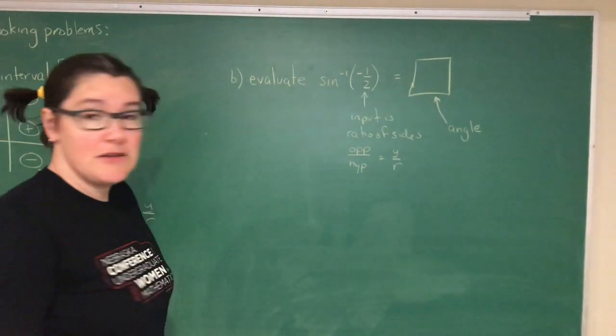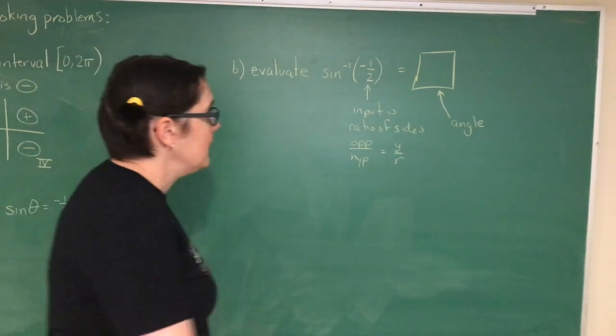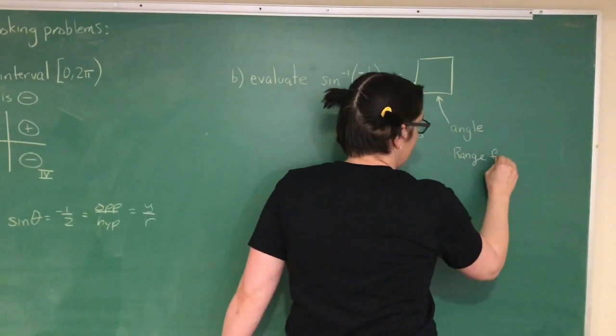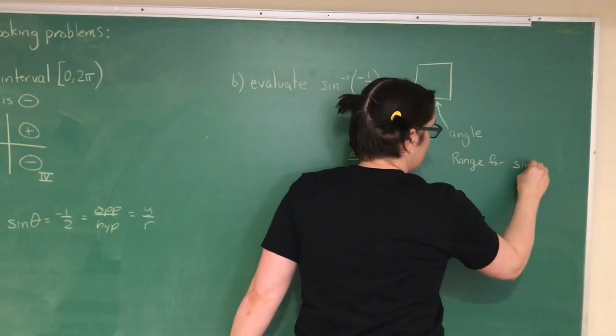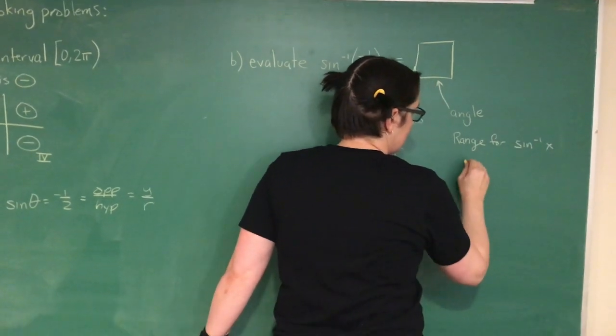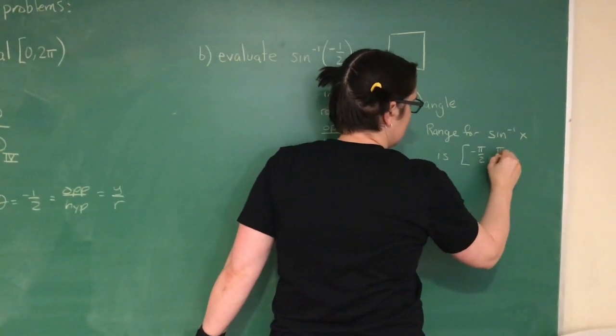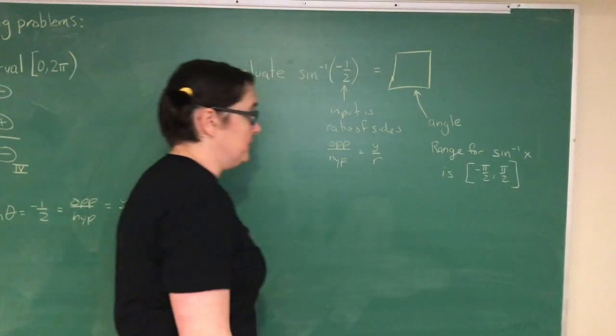And when I think about the arc sine function, the range for arc sine or inverse sine of x is negative pi over 2 up to pi over 2.